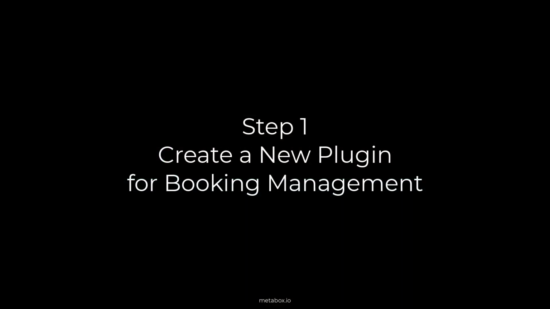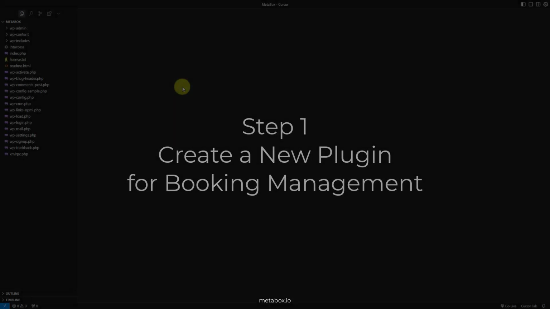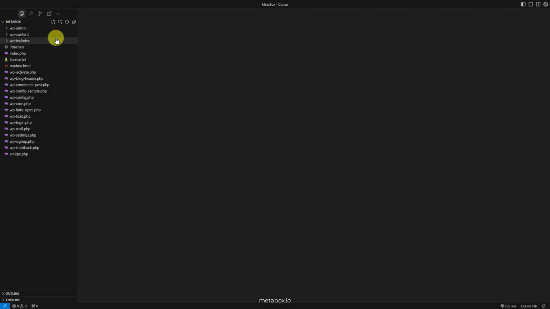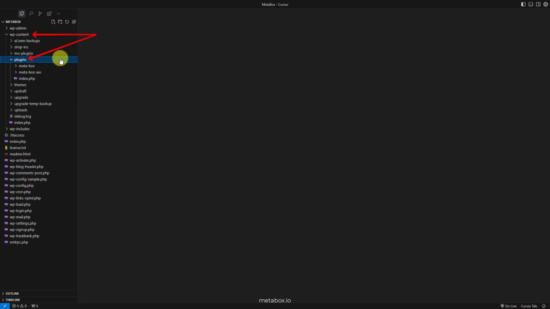As I said before, the booking management will be a feature of a unique plugin, so we need to create that plugin first. Go to your code editor. In this folder, create a new plugin with the name you want. Inside it, start by creating the main plugin file.